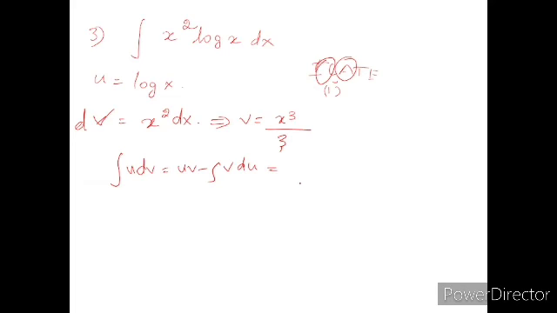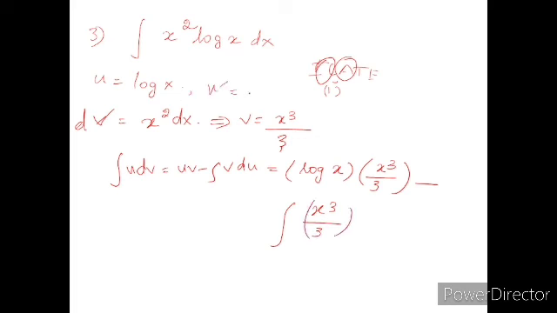So what is my u? Log x. What is my v? X cube by 3 minus integral x cube by 3. What is my du? If you differentiate this, u dash equal to 1 by x. So into 1 by x. X will get cancelled.